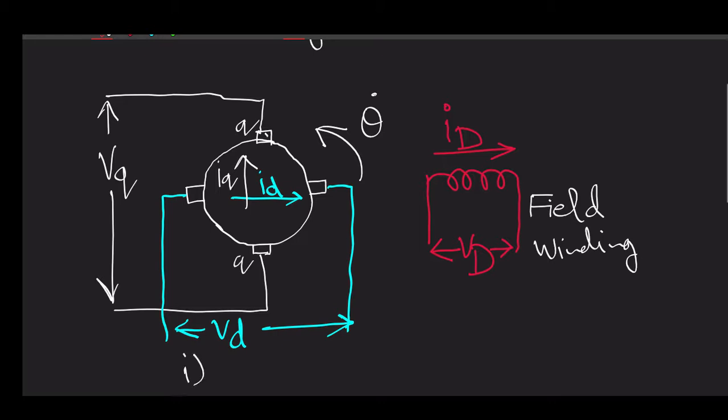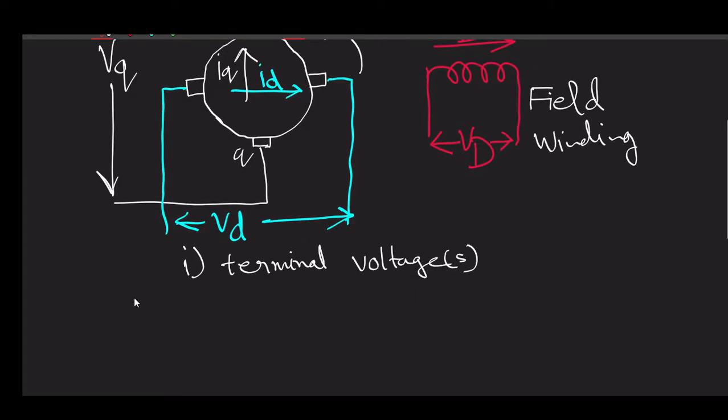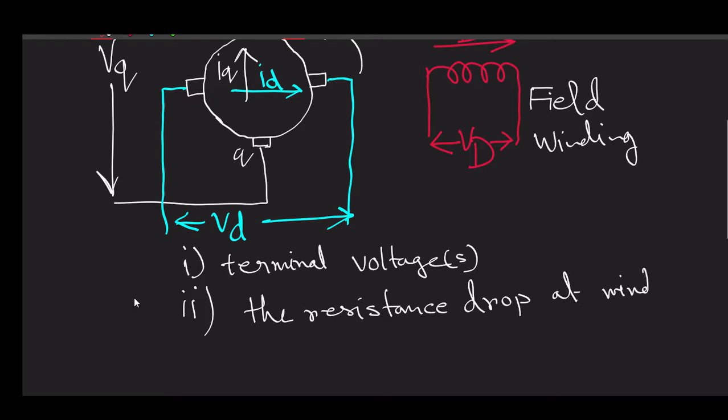One sort of voltage is our terminal voltage, or you can say voltages also, because there are many voltages. The second is the resistance drop at winding.